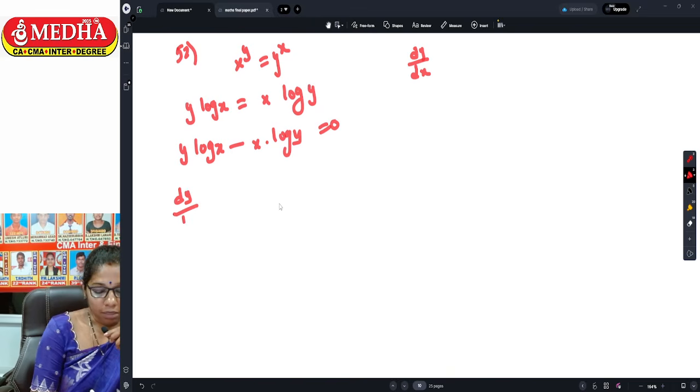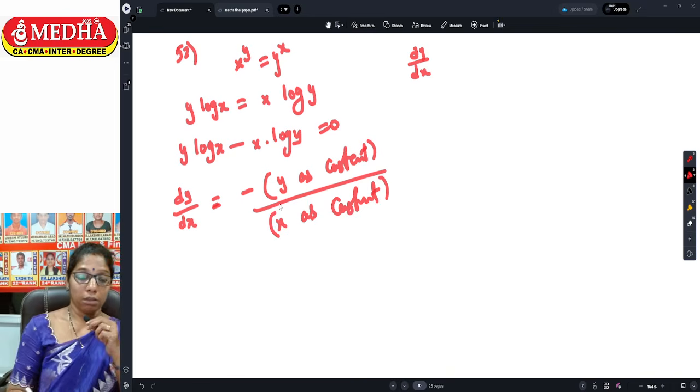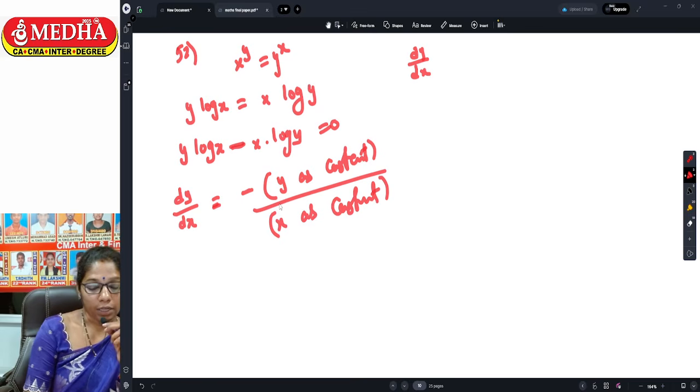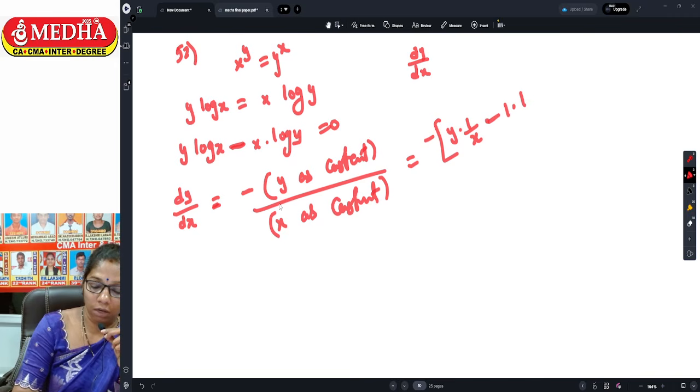dy by dx is equal to, differentiate the given equation treating y as a constant, and then x as a constant. So minus y as a constant, derivative of log x, the differential quotient of log x is 1 by x, and minus x differential quotient is 1 and log y as a constant.